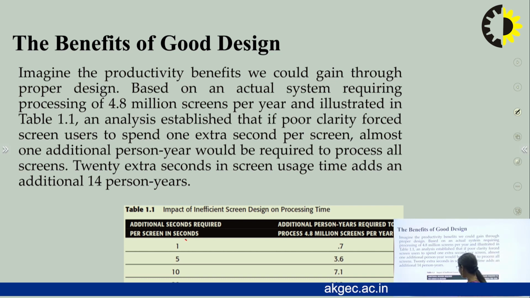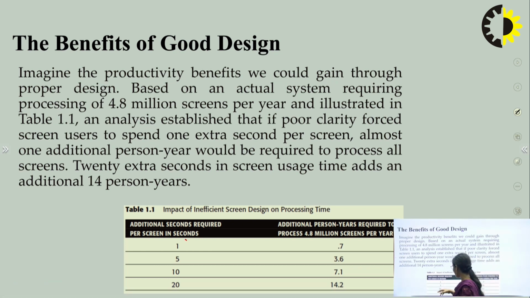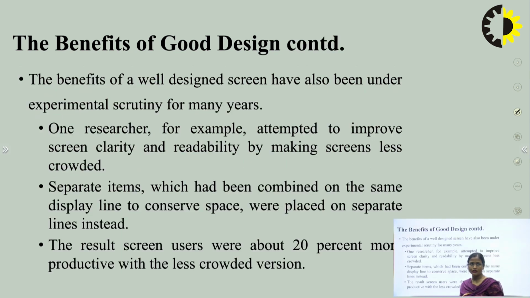If there are 5 seconds, then 3.6 million screens per year are included. And if there are 10 seconds, then 7.8 million per year. If there are 20 seconds of additional time required, then it is 14.2 million per year. So that is the data given.